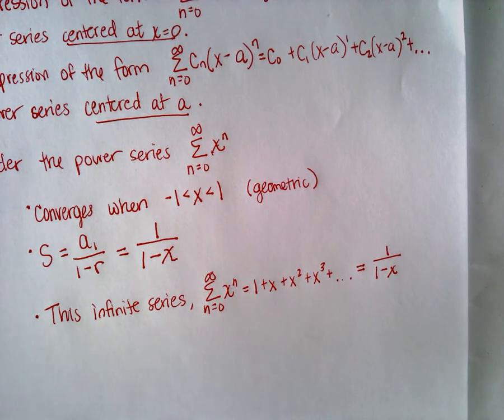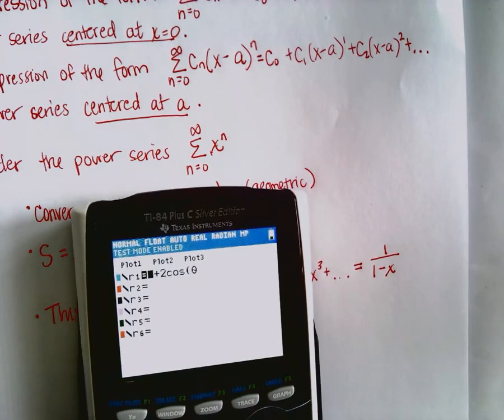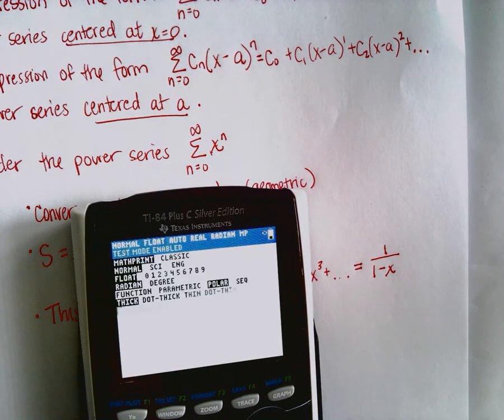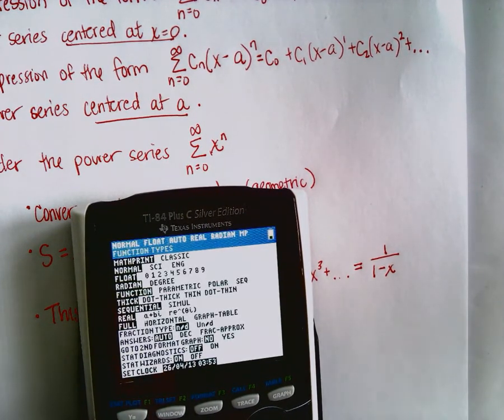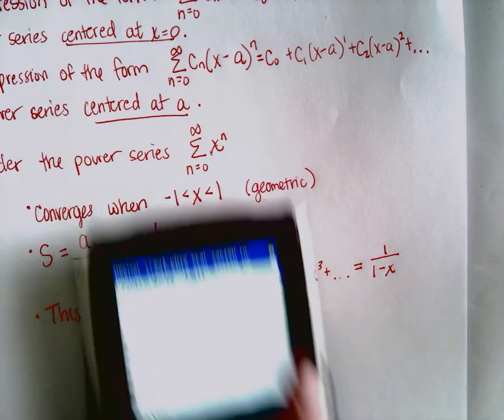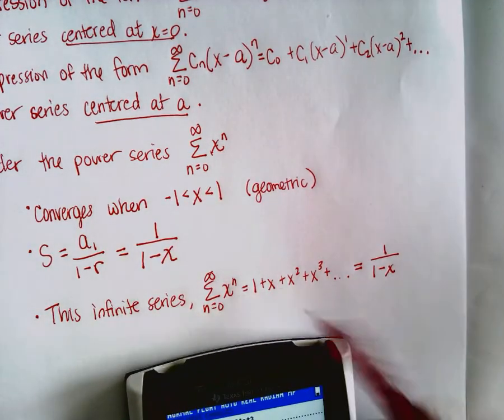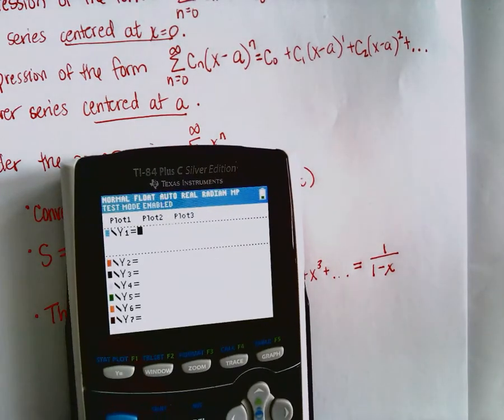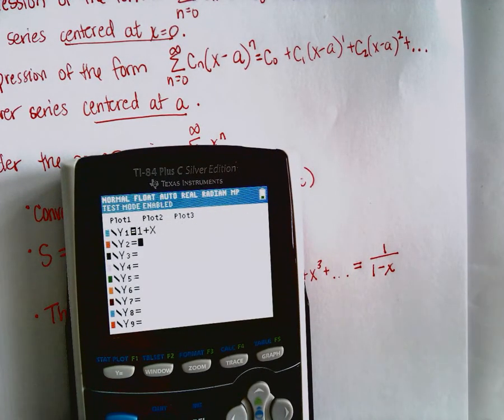So I'm going to go to my graph and show you this. Oops, need to change my mode back to function mode. So in y1, I'm just going to put the first two terms, so 1 plus x. In y2, I'm going to put three terms, 1 plus x plus x squared.